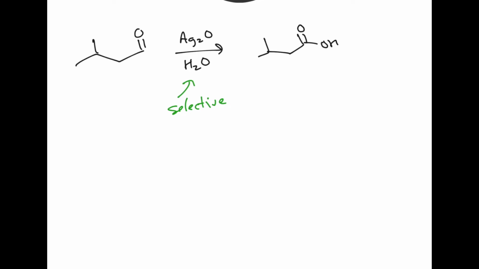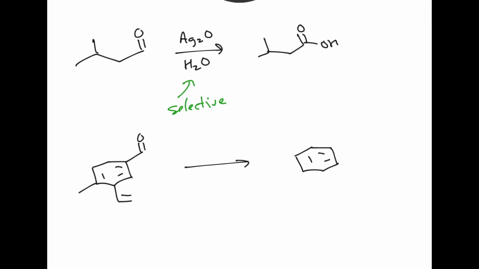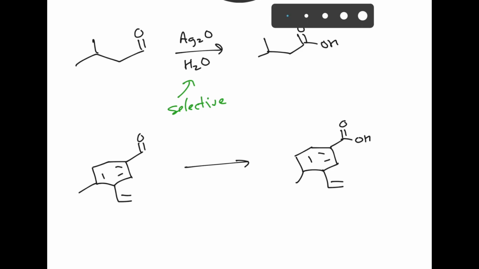So in a more complicated molecule, like if you had this, and you wanted to turn it into that, if you use KMnO4, KMnO4 could react at this carbon, it could react with these carbons, right?